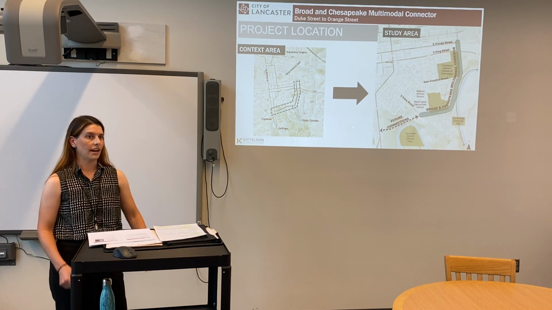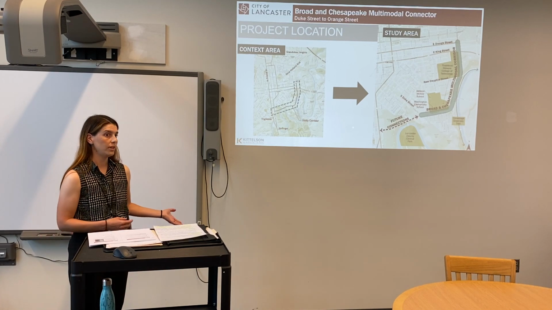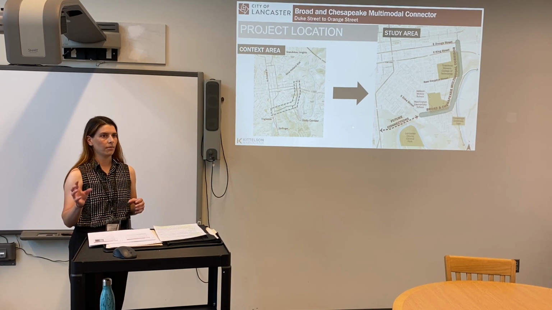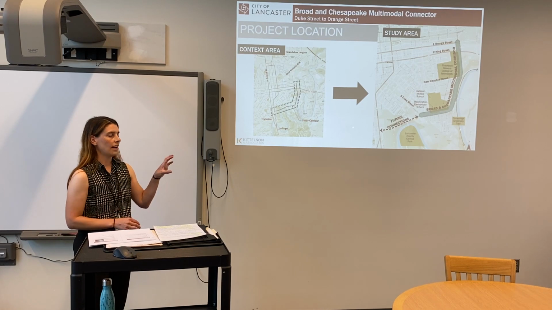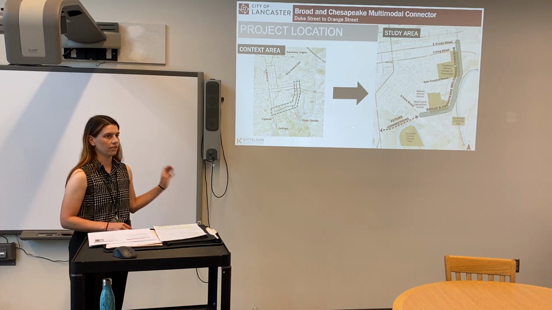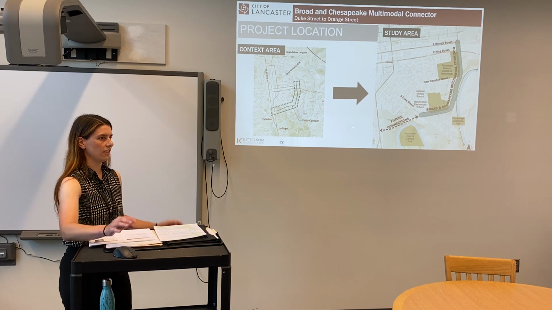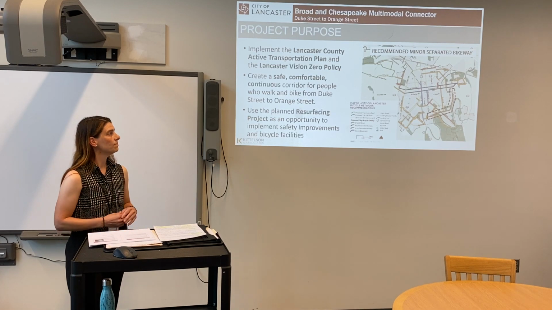As a part of our analysis, we also looked at future connections to Queen Street. So the red dashed line there is showing the west end of our corridor that we've designed at South Duke Street and extending to Queen Street. So we'll have some visioning typical sections to show you in the PowerPoint today.